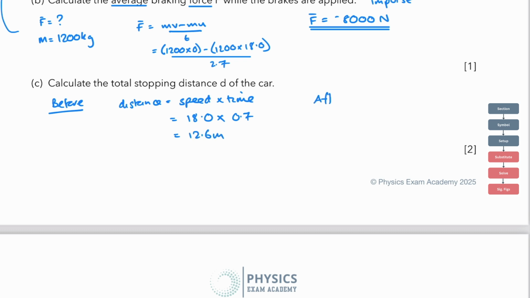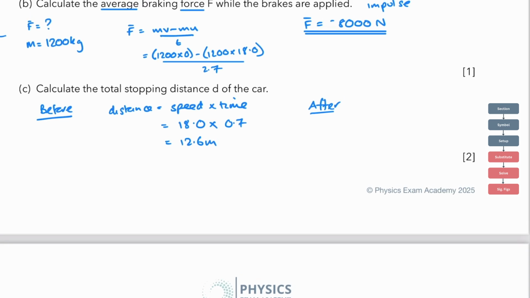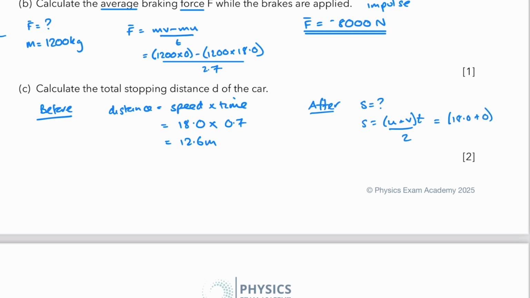After the brakes are applied, it's decelerating, so we're going to use the SUVAT equations, and we want to find out what s is. So s equals question mark. Let's use s equals u plus v, times t, over 2. That gives us 18 plus 0, times t, which was 2.7, divided by 2.